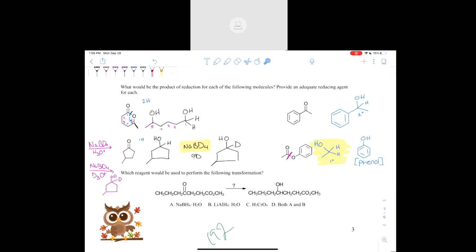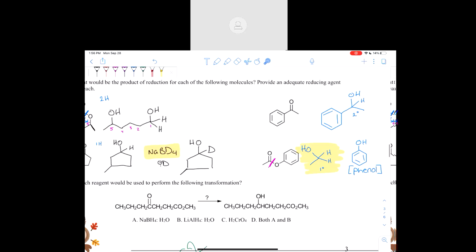Okay, so one person asked why were 2 hydrogens added, and so I'm going to give you a little kind of summary cheat sheet kind of thing. So in a reduction, you always add at least 1 hydrogen.